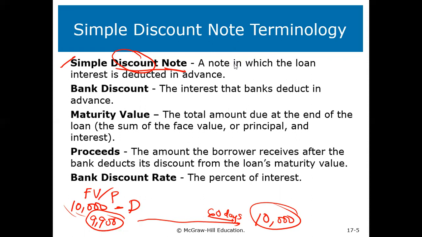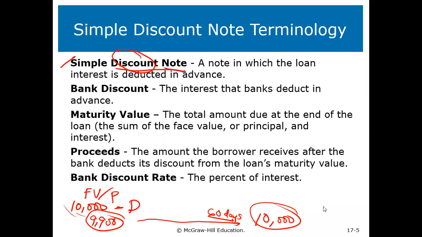So that's a simple discount note. On the other hand, in a borrowing with interest, of course, you get 10,000, and then after 60 days, you pay the maturity value. You pay the principal of 10,000 plus the interest.